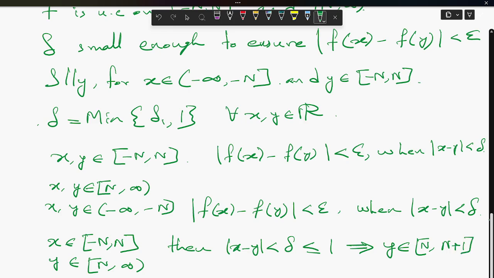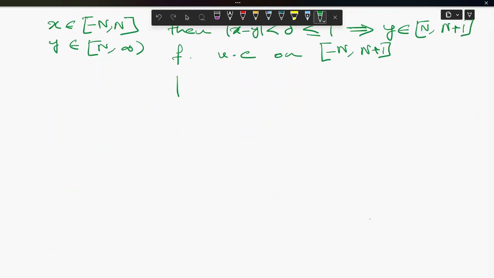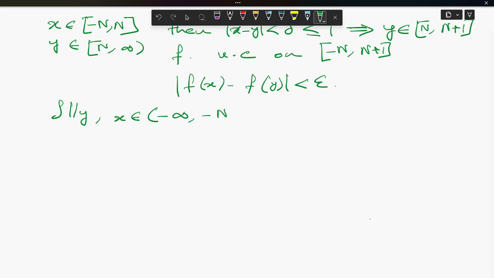Since our f is uniformly continuous on minus n to n plus 1 also, we can write that mod of f(x) minus f(y) is less than epsilon. Similarly, we can write the same argument for this, and y belongs to the closed interval n to n.